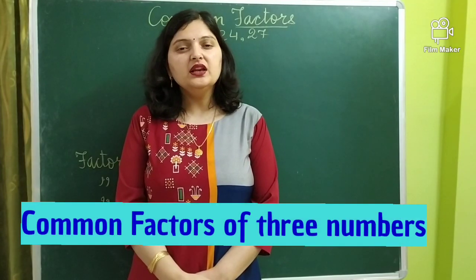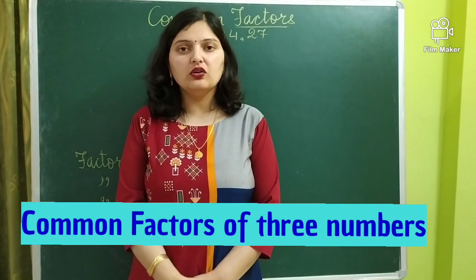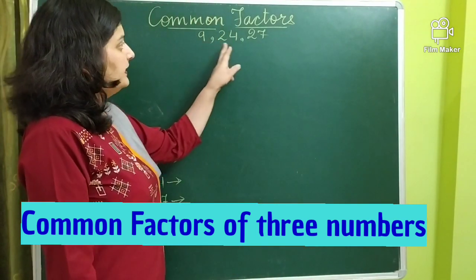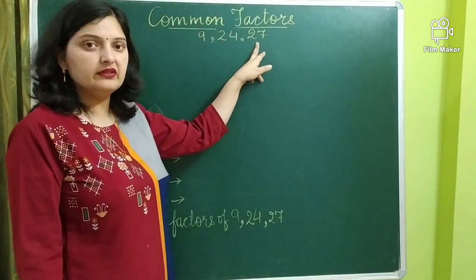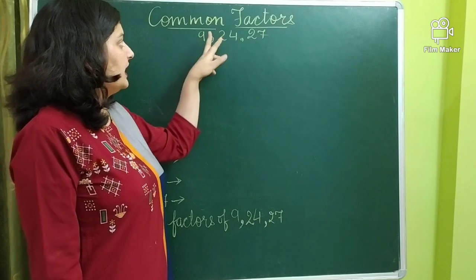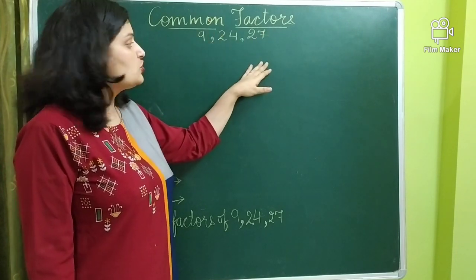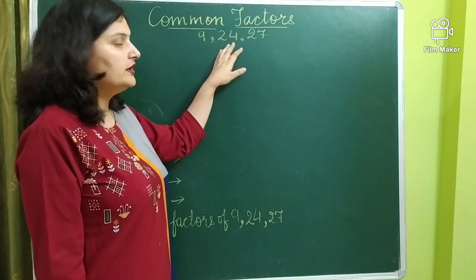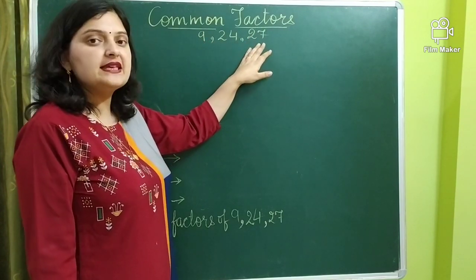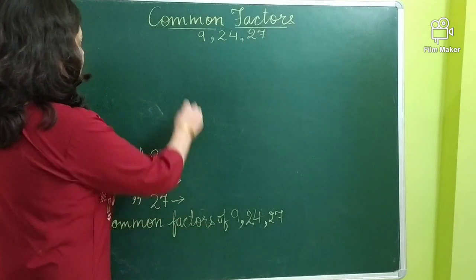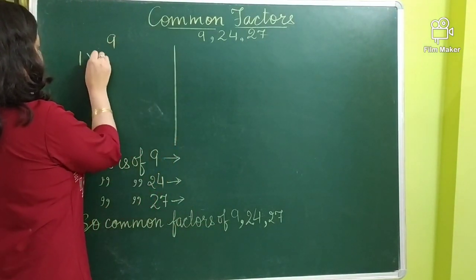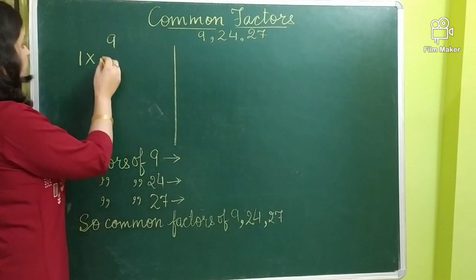Now we will learn to find the common factors of 3 numbers. Suppose we have 3 numbers: 9, 24 and 27, and we want to find their common factors. So what will we do? We will find the factors of 9, 24 and 27 separately. First we will start from number 9. We know that 1 is the factor of every number.